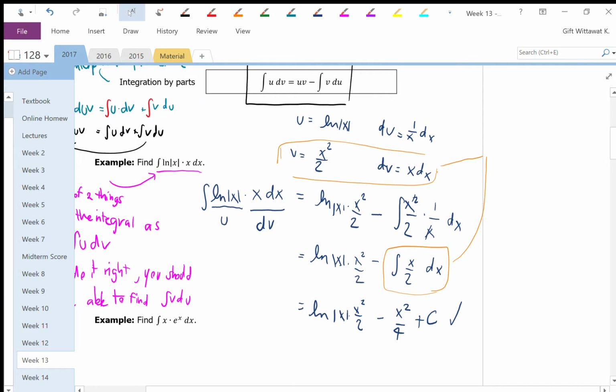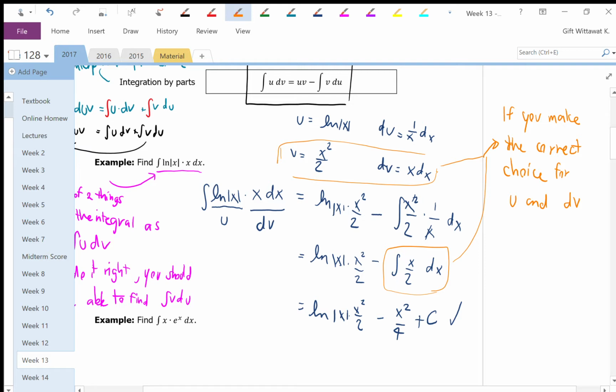In other words, if you make the correct choice, typically, when you do integration by parts, sometimes you have to do a little bit of trial and error because you have to, in a way, guess what is u and what is dv. If you have done enough problems, then you might have some gut feeling.